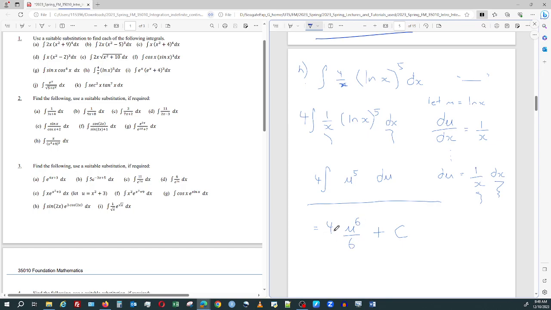Alright, so we've got cancellations we can make there. 2 goes into that twice. 2 goes into that 3 times. And so finally we can say 2/3 to the power 6 plus C, and putting our substitution back in, ln of x.